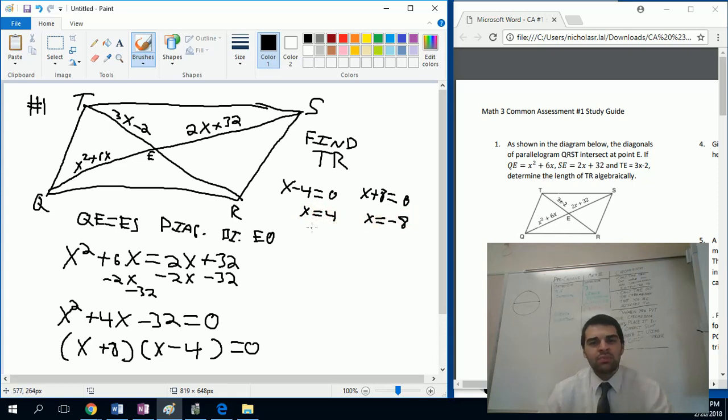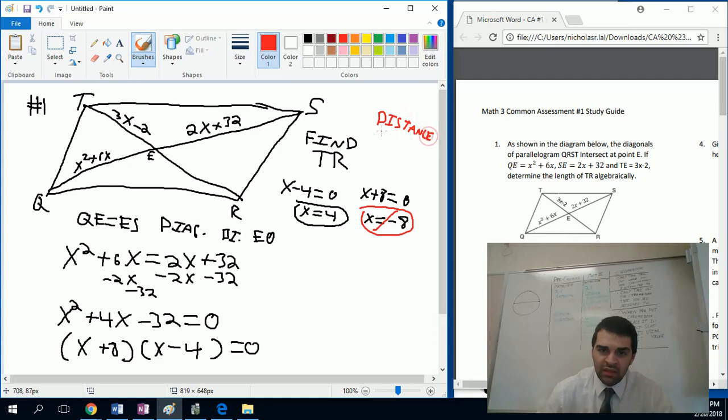Now we get two answers, but x can only be one of them. x is going to be equal to 4, and x cannot be equal to negative 8, because distance cannot be negative. We're looking at the distance of a side of a parallelogram, and distance cannot be negative.